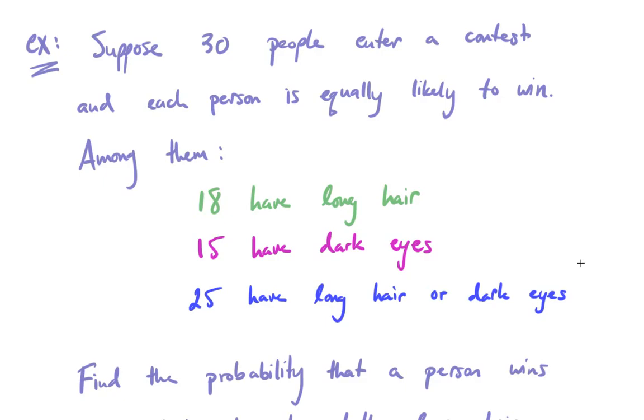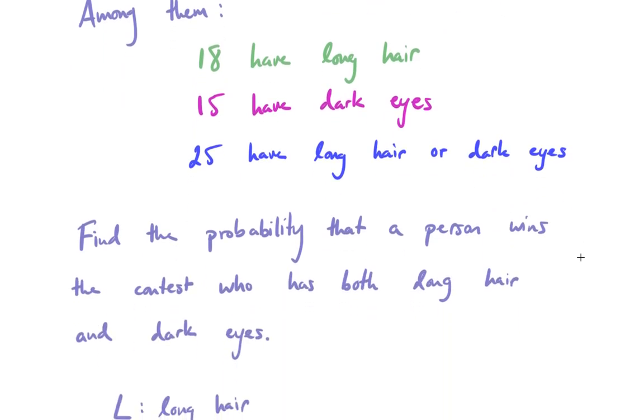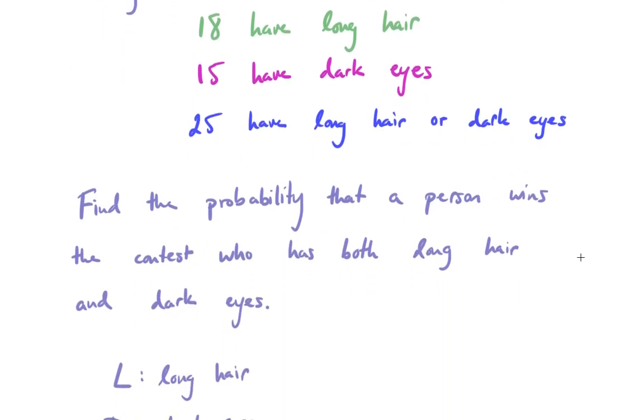It's important to remember that when you're talking about probability, "or" allows the possibility of both being true. So when we say 25 have long hair or dark eyes, they could have only long hair, only dark eyes, or both, and that's fine too. We want to find the probability that a person wins the contest who has both long hair and dark eyes.